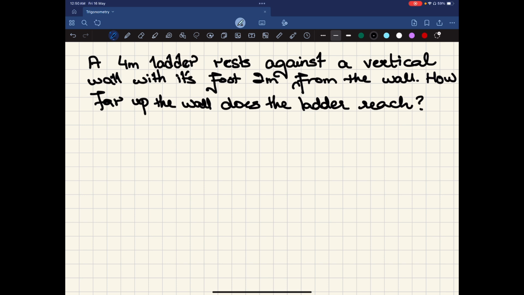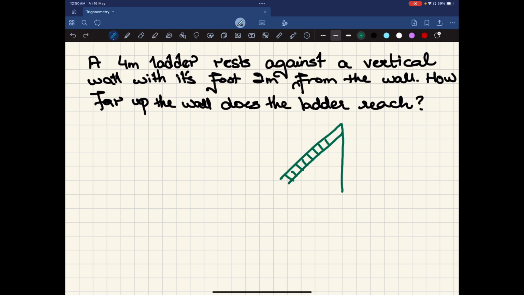Okay, so the first thing I would suggest is to quickly draw a sketch of whatever is stated in the question. Okay, so a vertical wall, let's draw the vertical wall first. A 4-meter ladder. Okay, so a ladder stands against the wall like this, right? This is how a ladder is.